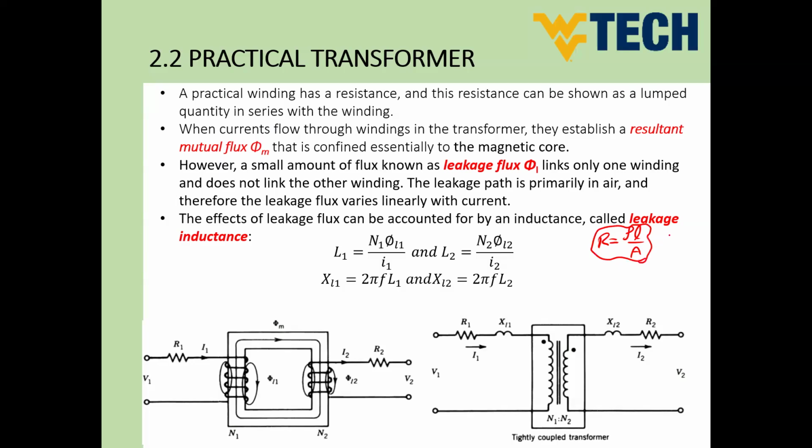And for any inductance, we will have ESR, which is equivalent series resistance. So by the end, any inductance like that can be represented by an inductance and a series resistance. So this is the inductance, and this is the equivalent series resistance of this inductance. Okay.